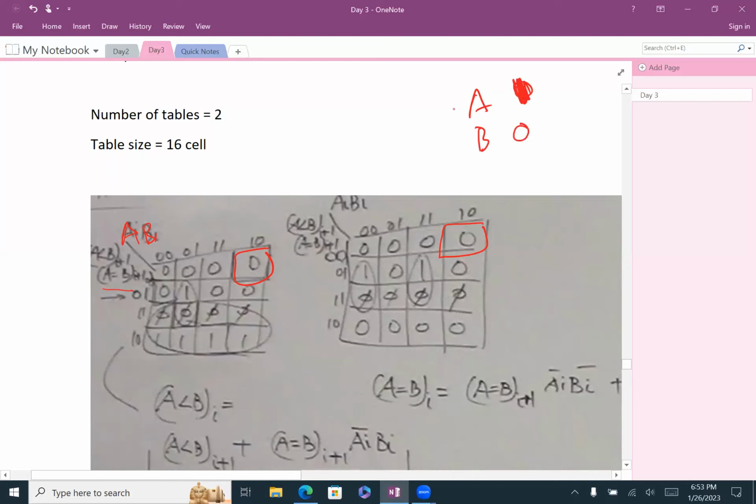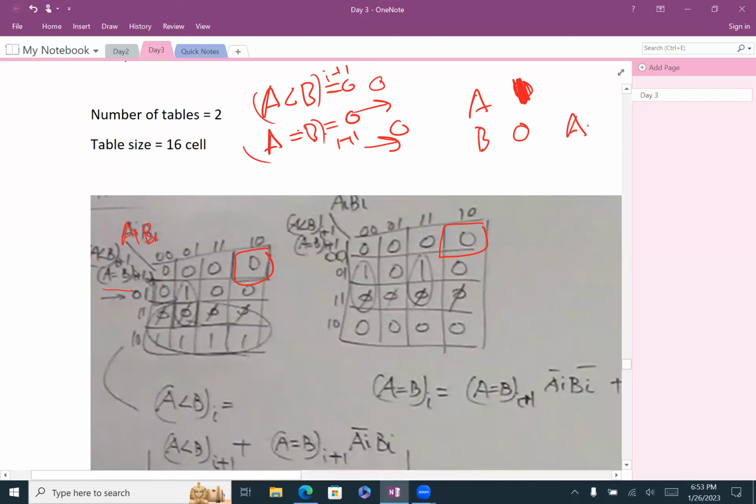And if the signal coming from here, A less than B and A equal B for i plus 1, is 0 and 0, what does that mean for you? A greater than B, correct?